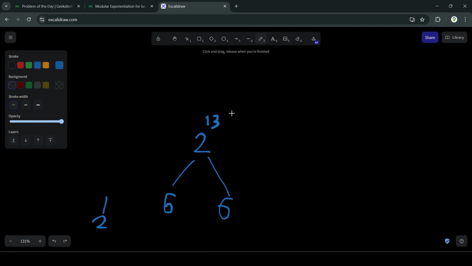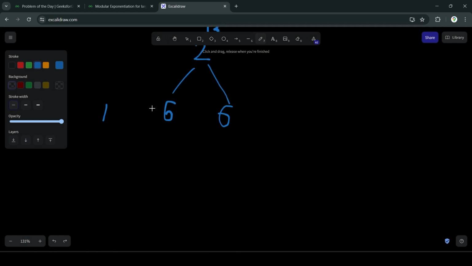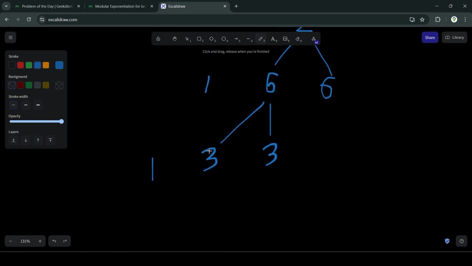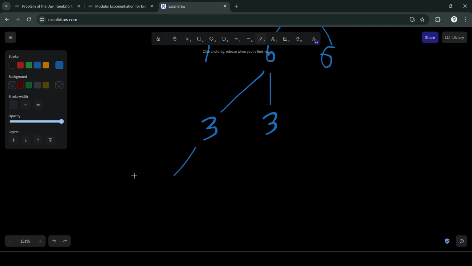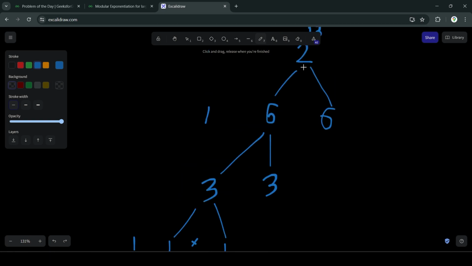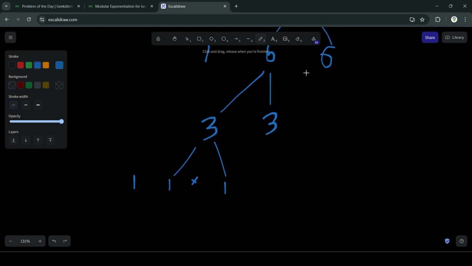Now it is time to break this 6 also. It can be broken into two 3s, obviously. And here you can see that you cannot break 3 evenly because it is an odd number. So you have to keep another one here, and you can break it like this. So this will be the divide and conquer approach.